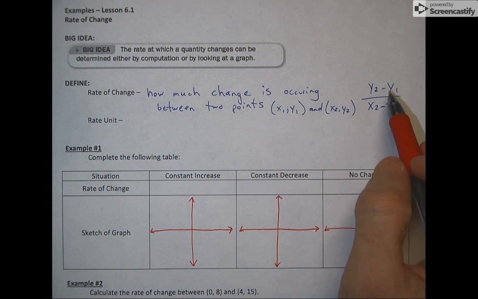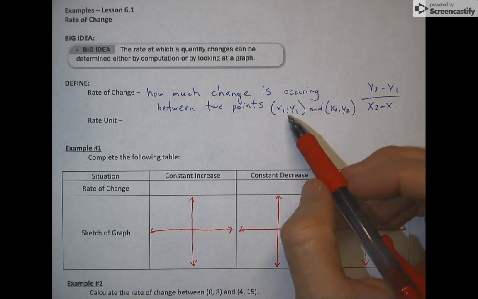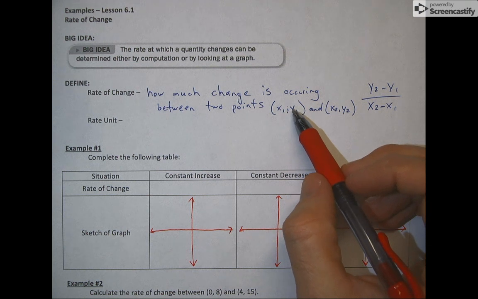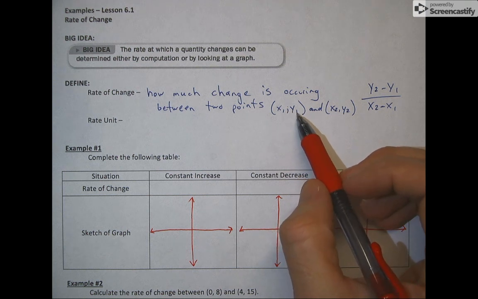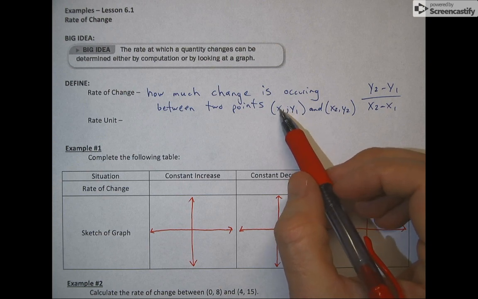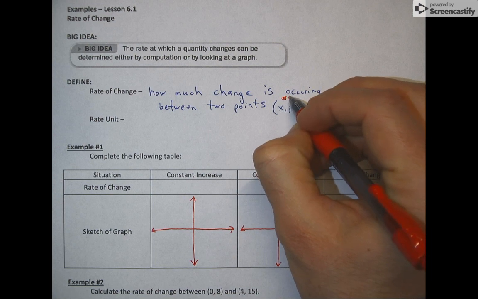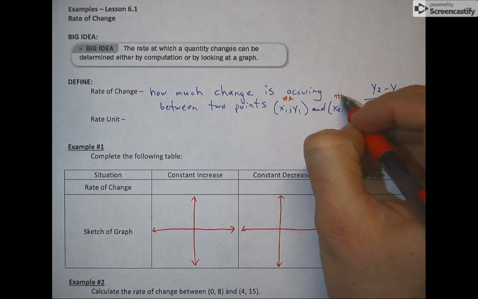And the way that you're going to find it is using this formula. So you have 2 points on a graph. So this says x1 comma y1. Now the ones, they don't actually represent a number. They're just there to notate that this x value goes with point number 1. This is like point number 1. And this is point number 2.